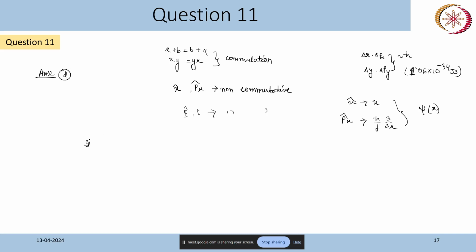First I will write down the statement: if two operators are non-commutable, then it is impossible to determine those properties precisely.